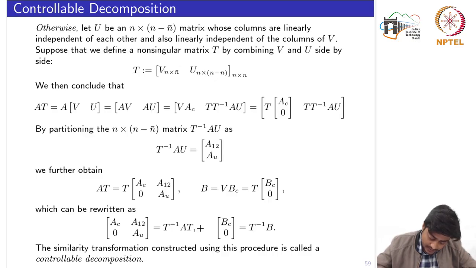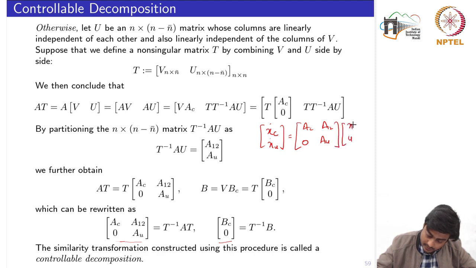So note that it should be clear from the visualization also. Suppose we have this A bar matrix and this is a B bar matrix, and suppose we denote XC and XU. Here we would have AC, A12, 0, AU, times XC and XU, plus BC, 0, times U. So this is also called a canonical form, by the way.